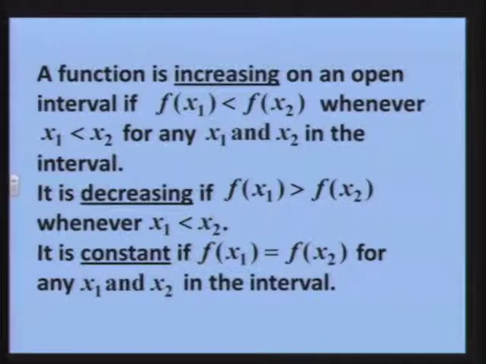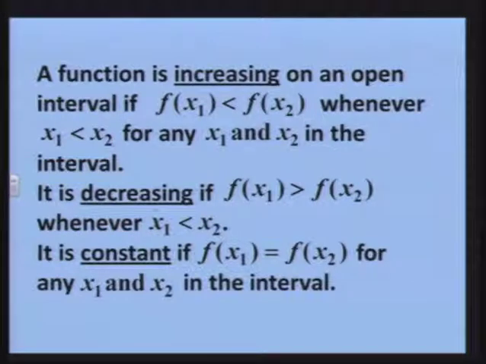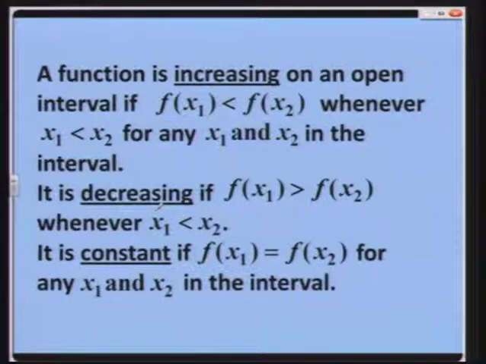Let's go back and look at that for a moment. We said that we were increasing as we went that way. So let's look at our x's here. If this is x sub 1 right here, and this is x sub 2 right here, and we're increasing, let's see. This says whenever f of x sub 1 is less than f of x sub 2.